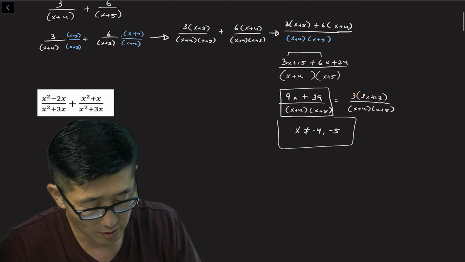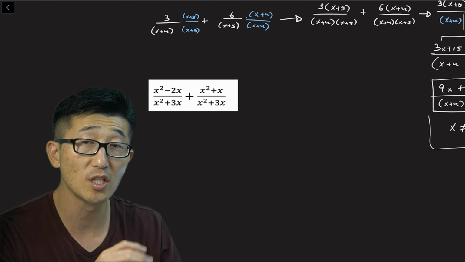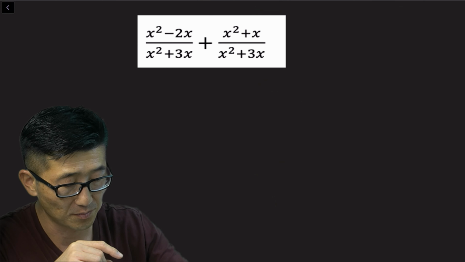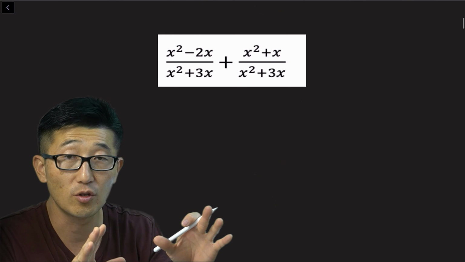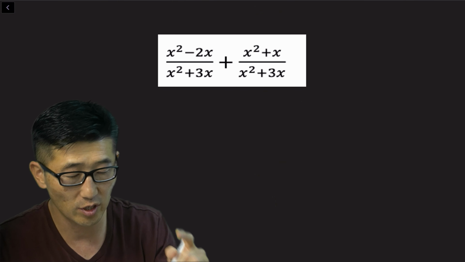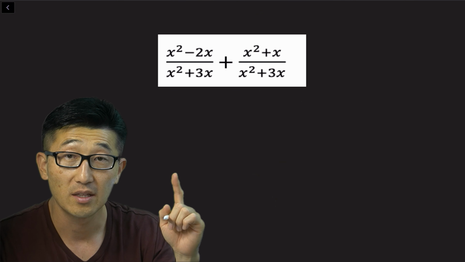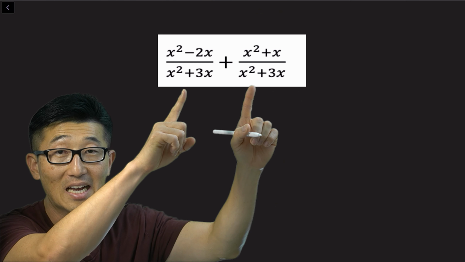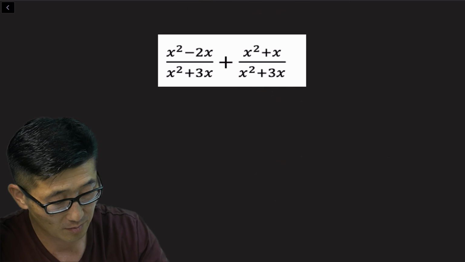All right, let's try another one. Now this one's a little bit more complicated. It's different than the one we've done, because if you notice, the denominator can be factored. Now, before you start factoring, the first thing we want to do is realize that these two expressions have the exact same denominator.